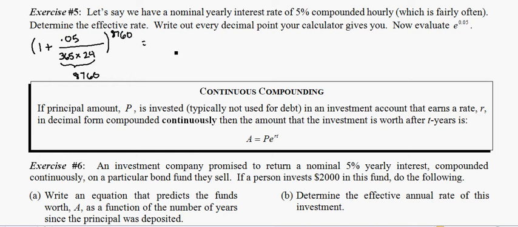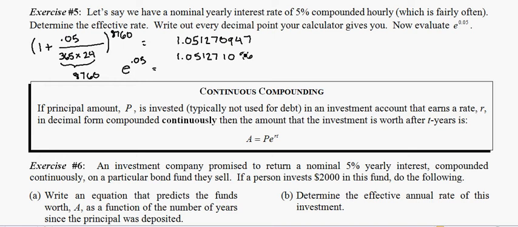Then I'm going to raise it to the 8,760. And what I'm going to get, and watch this, I want every decimal place, is 1.051270947. On the other hand, if I do e to the 0.05 on my calculator, I get 1.05127109.